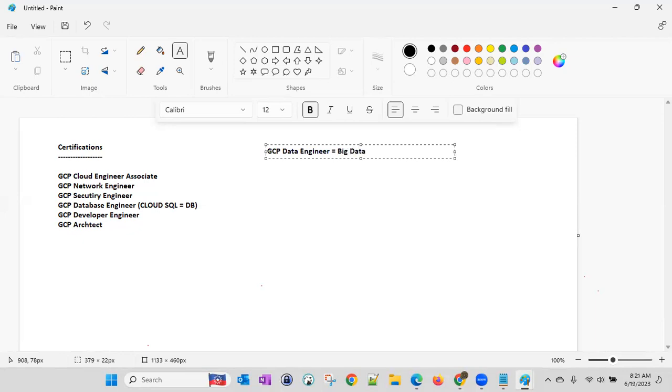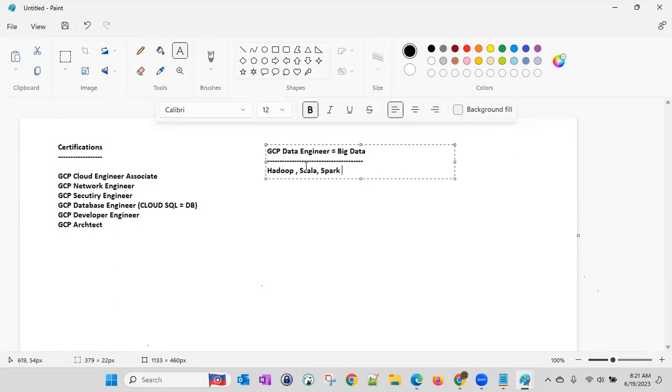Previously, if you are into the IT side, you may have heard of Hadoop, Scala, Spark. These are the concepts we have previously.